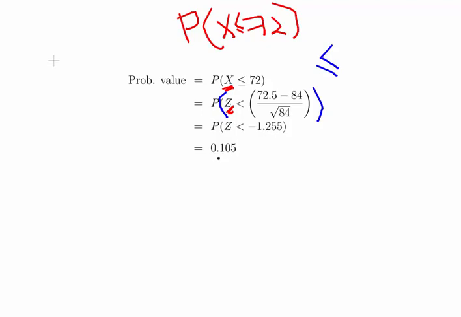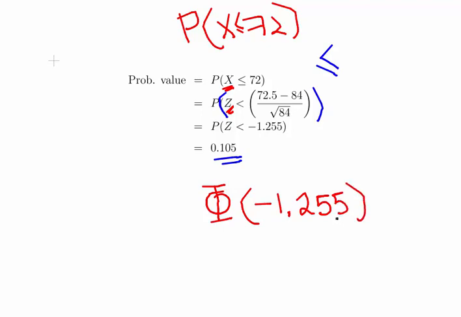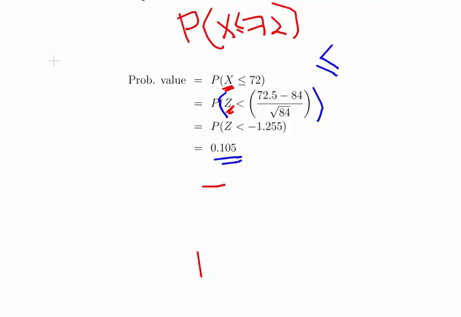Whichever way you work that out, you should get an answer close to 0.105. There are a number of ways you might work it out, using statistical tables or so on, and you should be really familiar with the normal distribution at this stage. That is the probability value we're looking for, and that really answers our question. So we might as well leave it there.